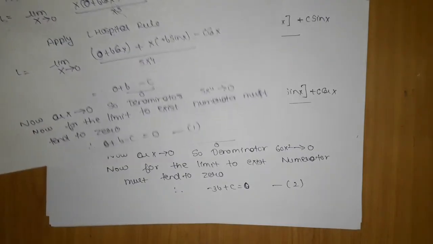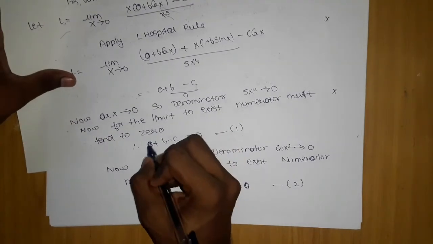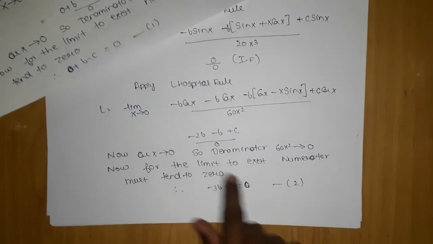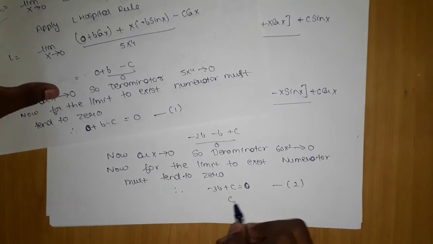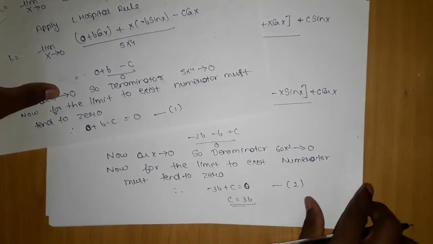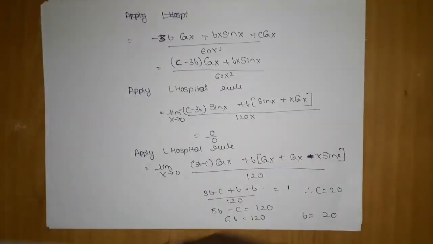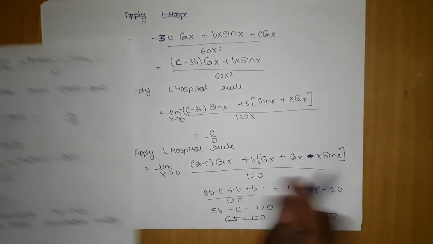So questions are very lengthy and there is a high chance that you make some silly mistakes. So here it will be a, and my second equation, which was this one, from here I can get c equals 3b, which I will use here in the third equation, which was this. So my answer will be entirely different from this.